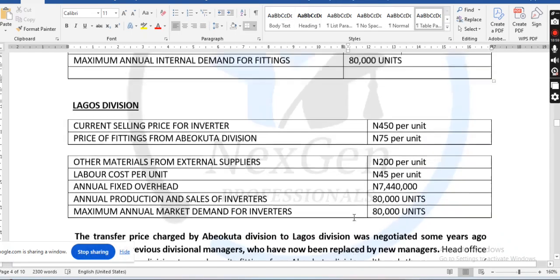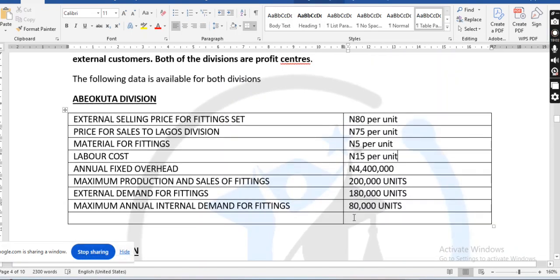So which means that if Abeokuta decides, oh, we have 200 capacity, we need to give internal 80 from 200. If you give 80, you have 120. So the only units you can sell to external is 120, not the 180, because there is not enough capacity, right?